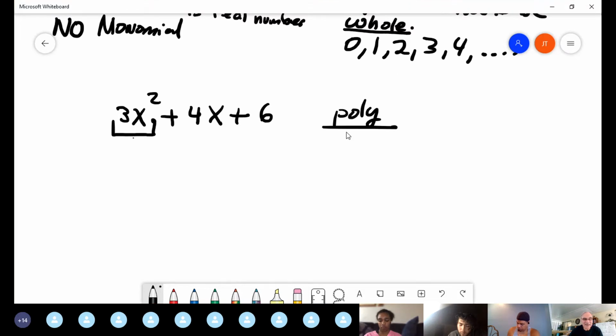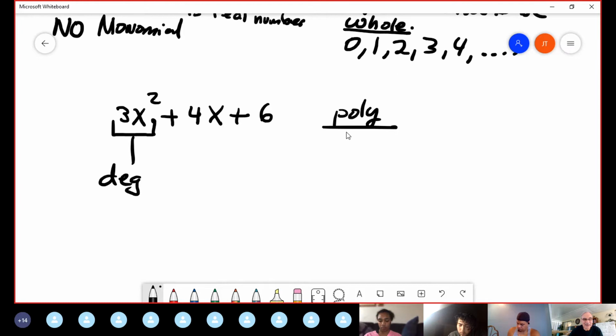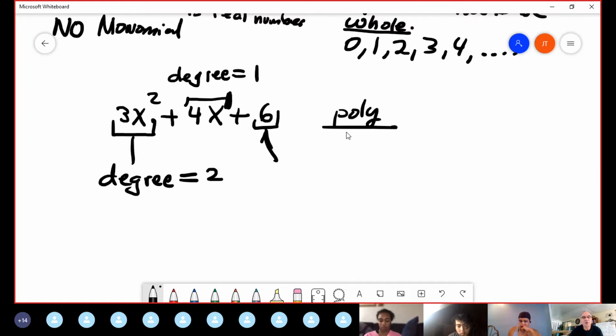The degree of this one is 2, the exponent. The coefficient is obviously 3, but the degree is the exponent. The degree of this one is 1, because there is an invisible exponent 1, right? And the degree of this monomial is 0.